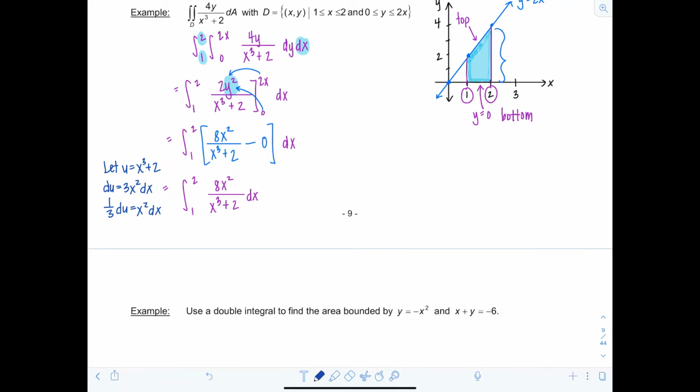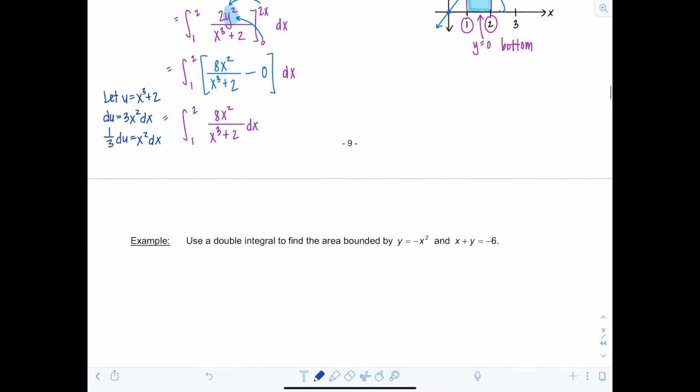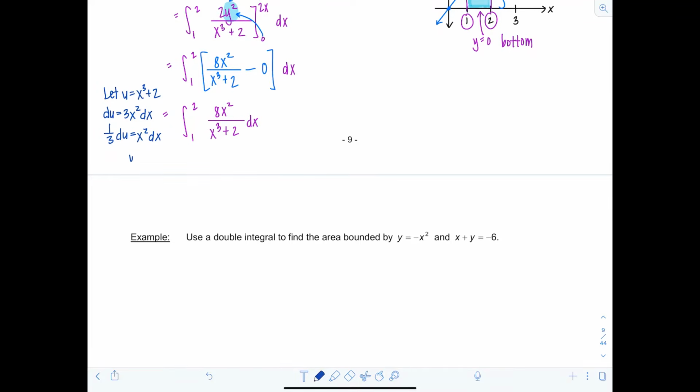All right. So let's go ahead, and then we can change our limits of integration as well. So if u is equal to x cubed plus 2, u of 2, the upper limit, is going to be 2 cubed plus 2 is 10. And then u of 1 is going to be 1 cubed plus 2, that's 3.